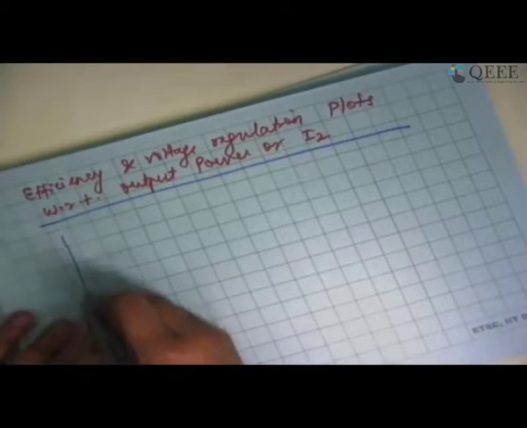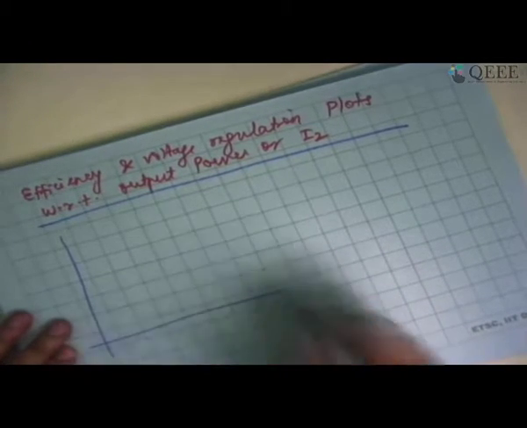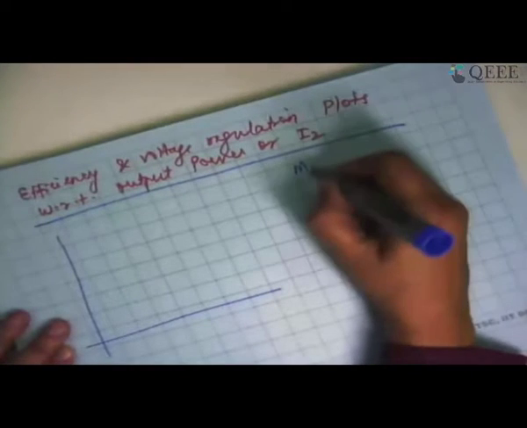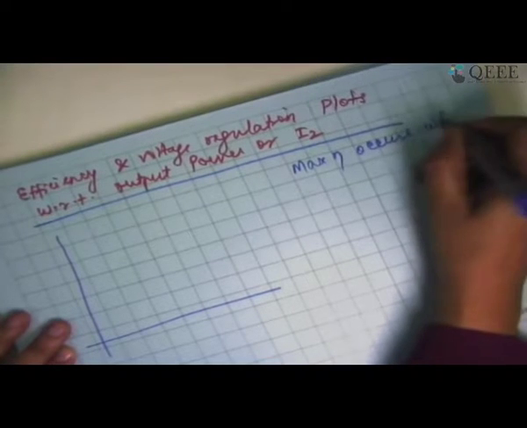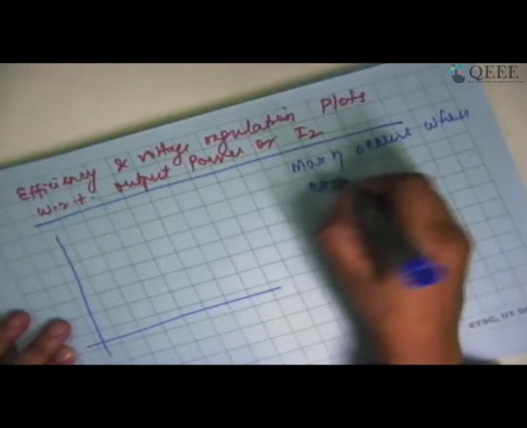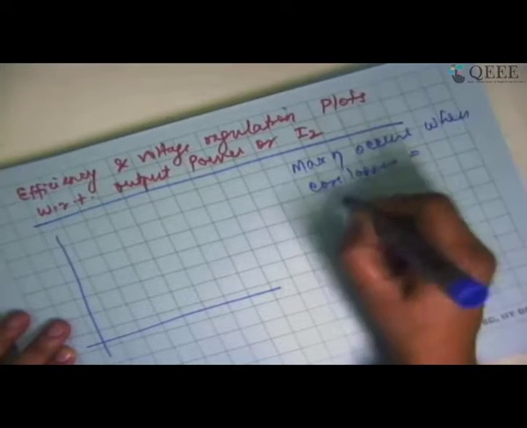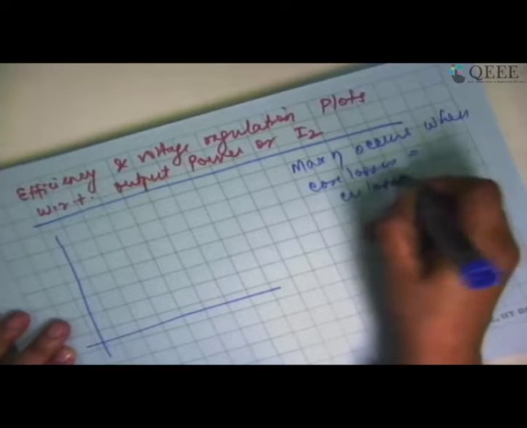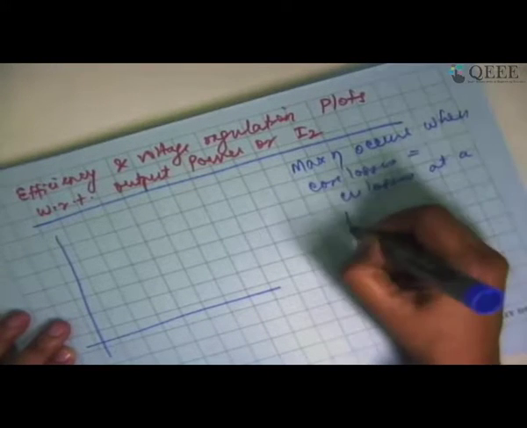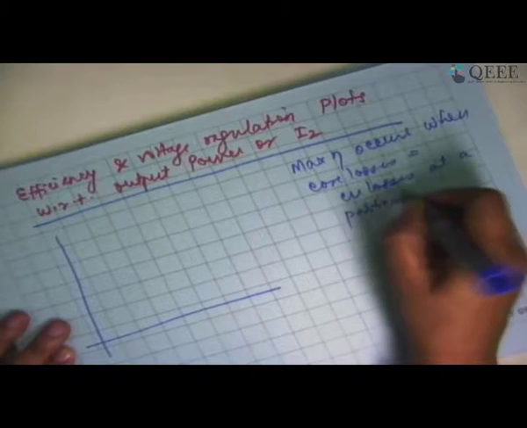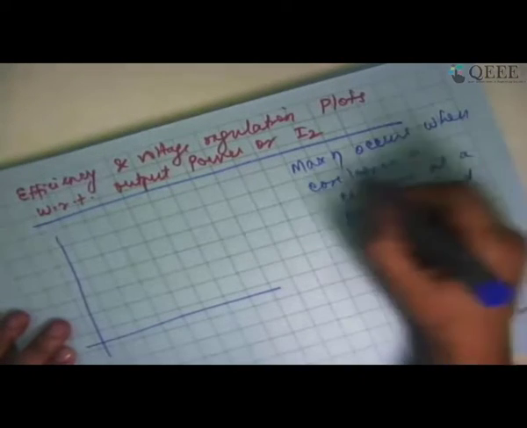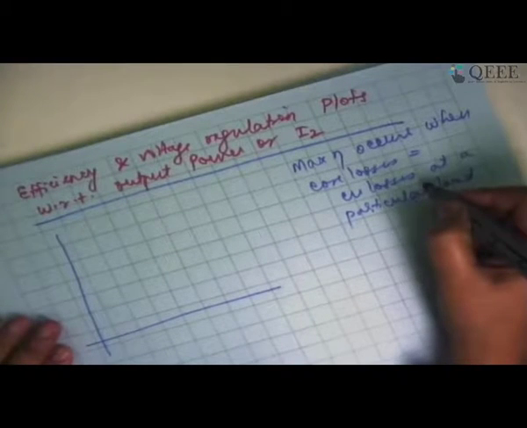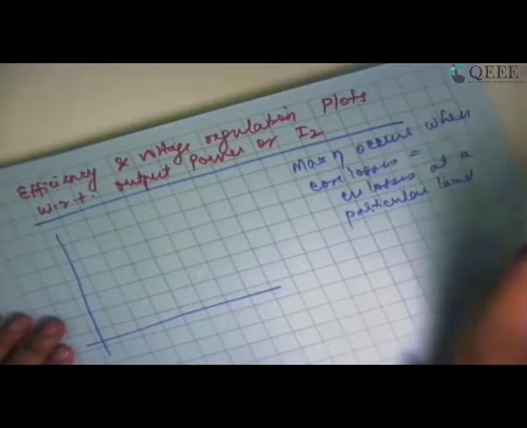Yesterday itself we said that the maximum efficiency occurs when core losses are equal to copper losses at a particular load. The load at which the core loss is equal to copper losses is based on the design.